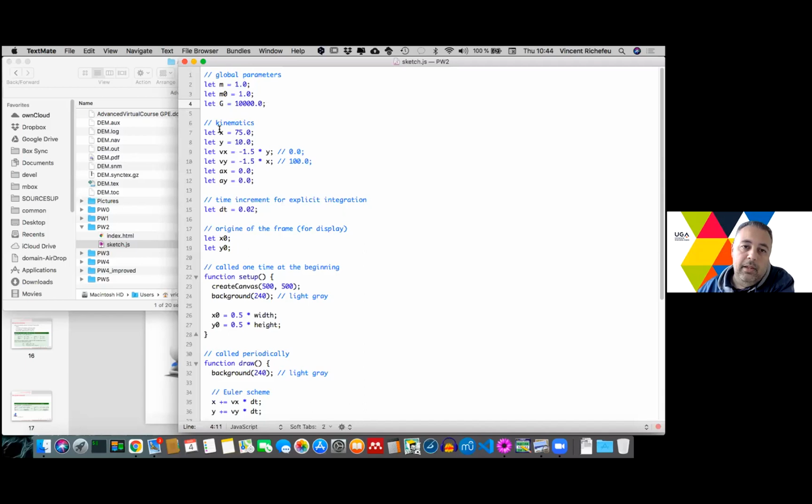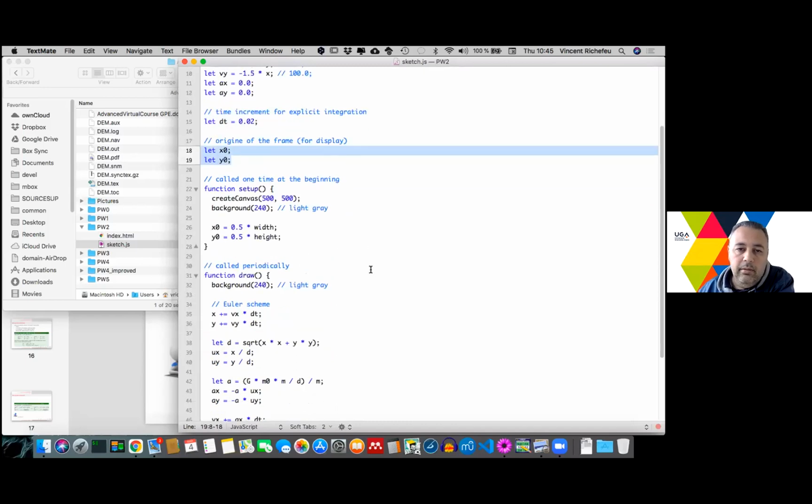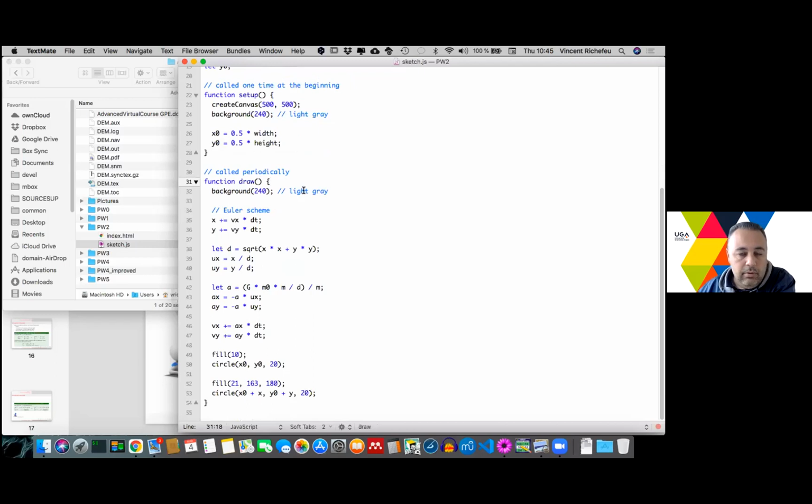Here we've got the kinematic configuration of the planet. So position, velocity, acceleration, the time step, and something to place the planet at the center. So we've got still our setup function, and then the draw function. So like the previous example, we update the position, we compute the acceleration, I will explain, and then update the velocity.